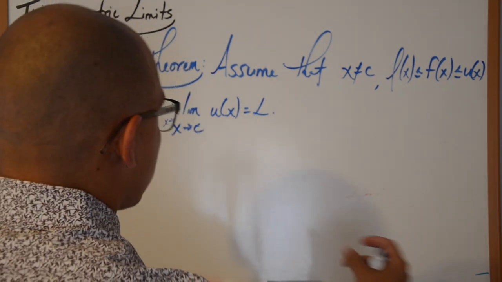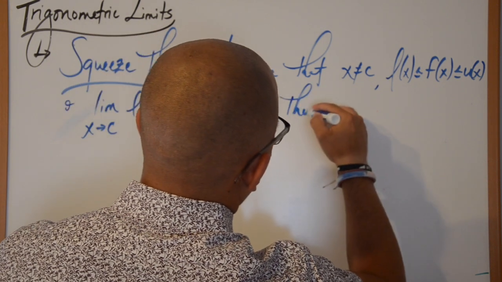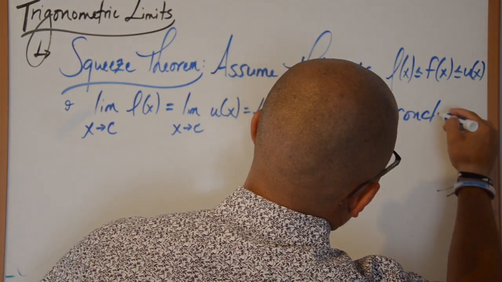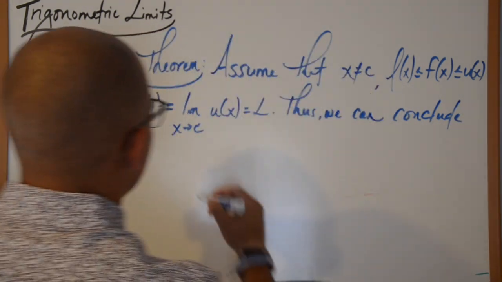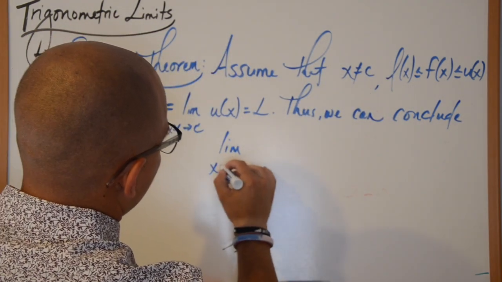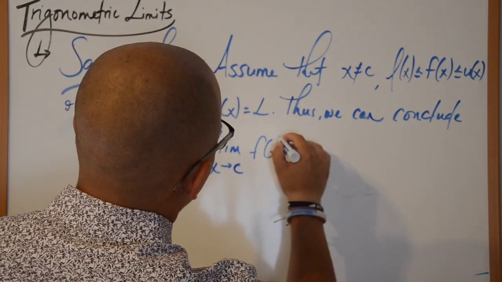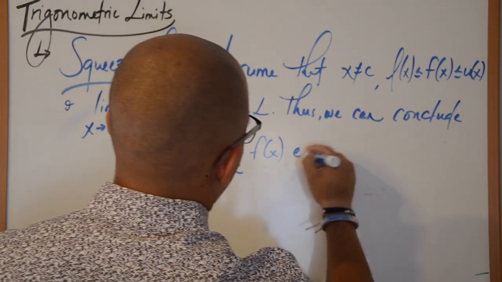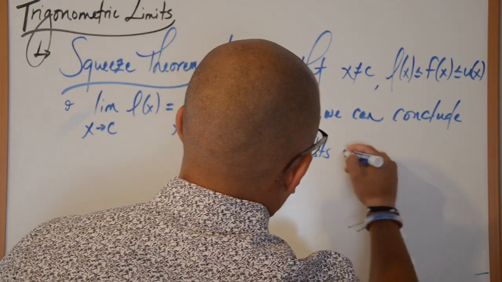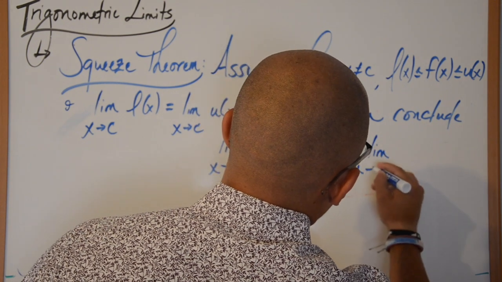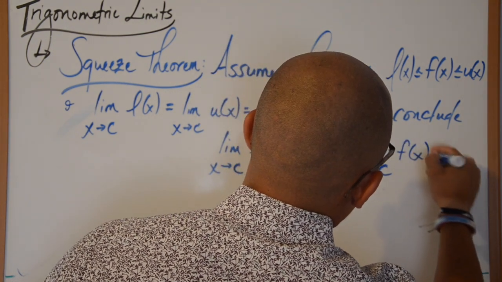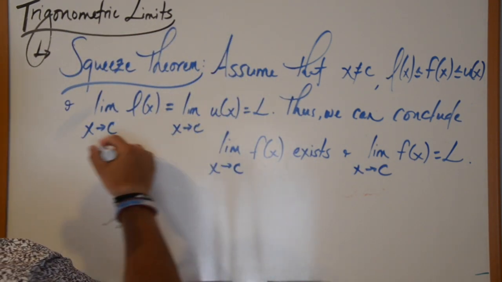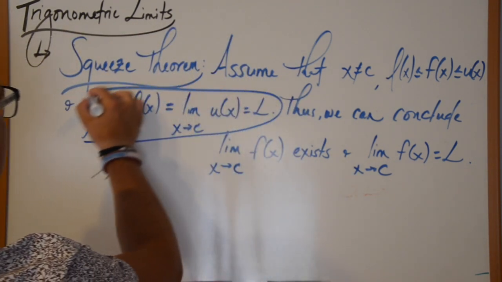Thus, we can say, let's use more academic language, we conclude the limit as x approaches c of f of x exists, and the limit as x approaches c of f of x equals the limit of our bounded functions.